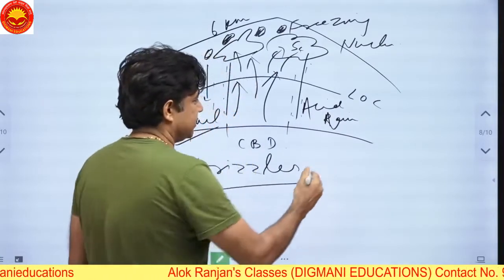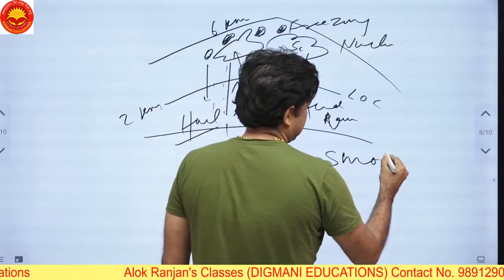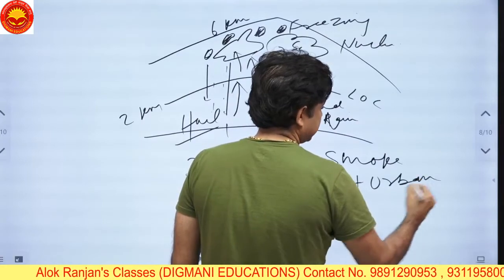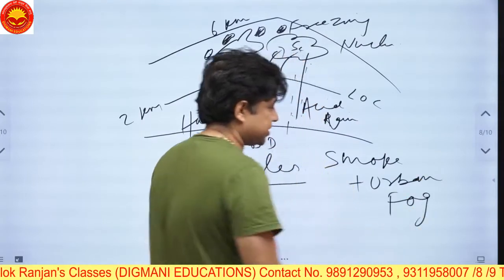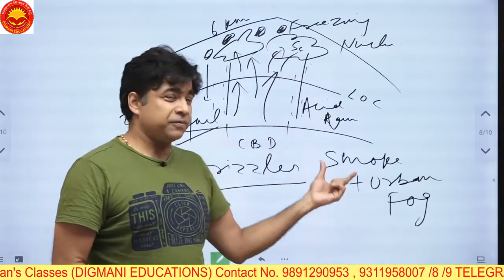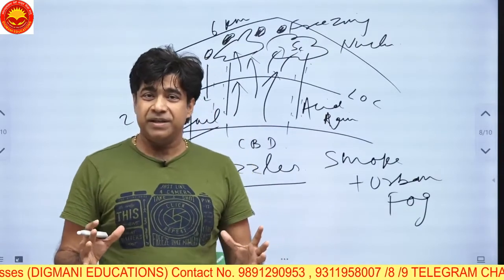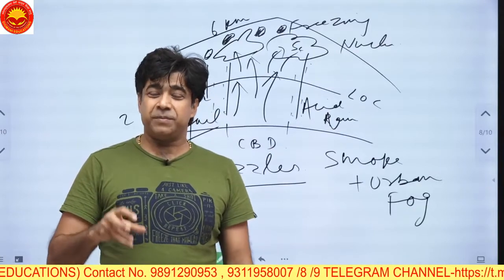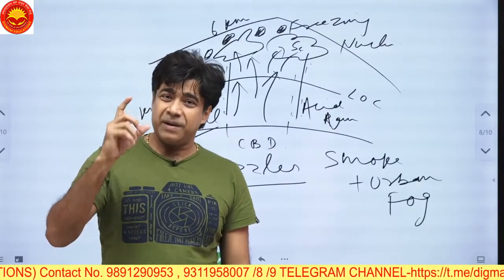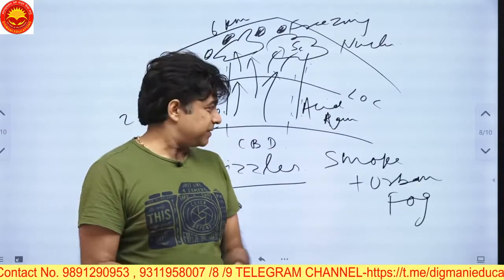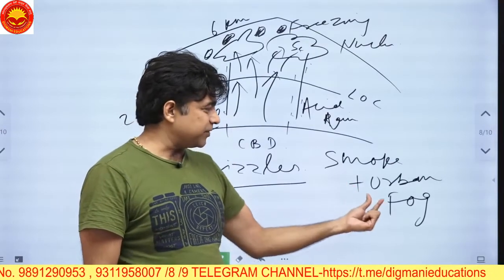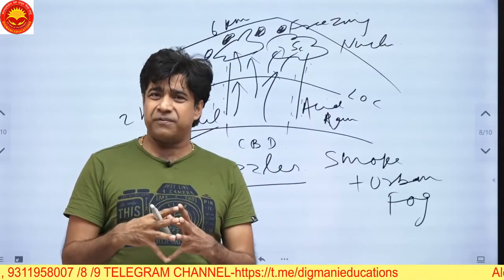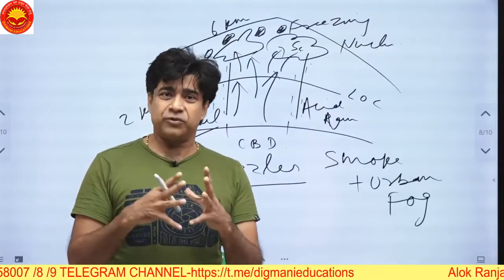A smog is smoke plus urban fog. But this urban fog, you must mark here, is not created by the freezing temperature or the surface temperature becoming colder than the upper air temperature. This urban fog is produced more by the density of the pollutants and the aerosols.